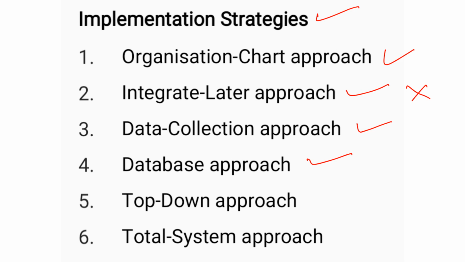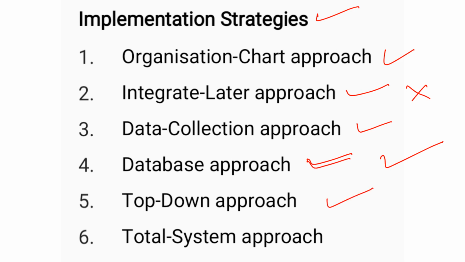The database approach is more and more accepted for two main reasons. First, because of data independence, it allows easier system development, and second, it provides management with immediate access to the information required. So this database approach is widely used.